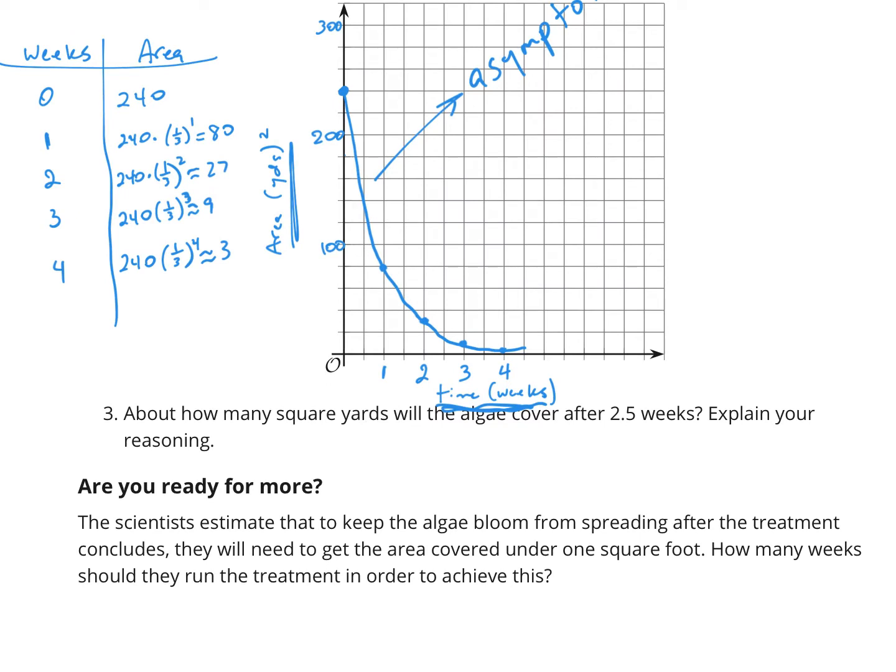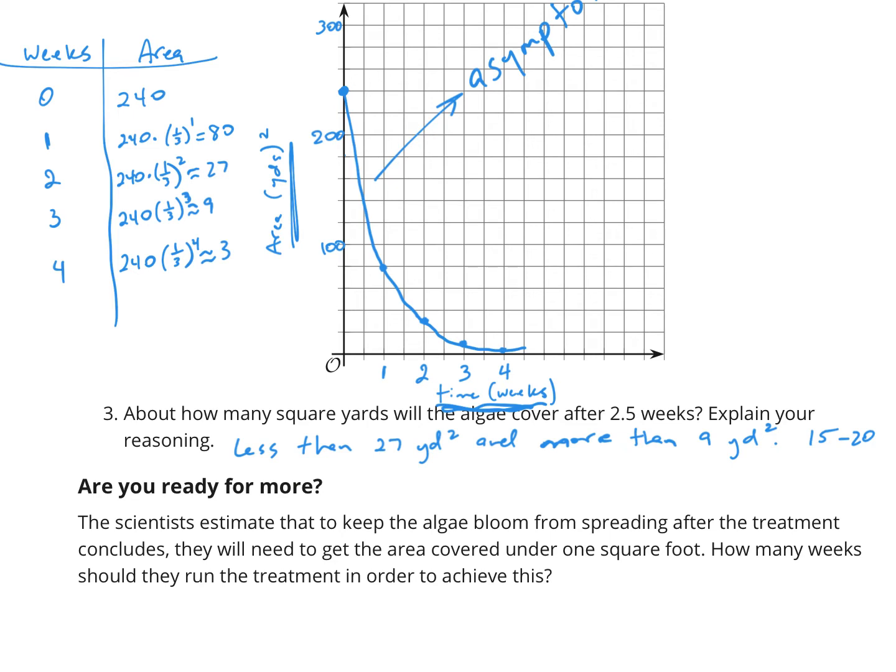And what we do know, and we can kind of look at the table to figure that out, is that it's going to be less than 27 square yards and more than 9 square yards. A good rough guess would be a number between like 15 and 20.